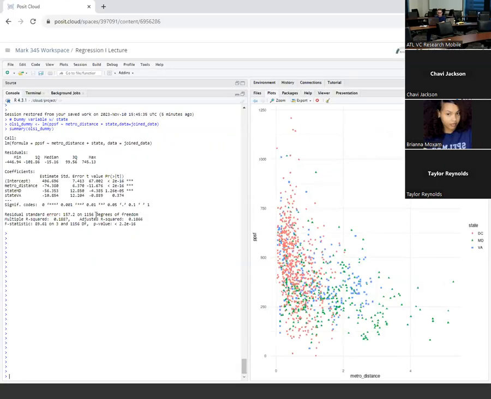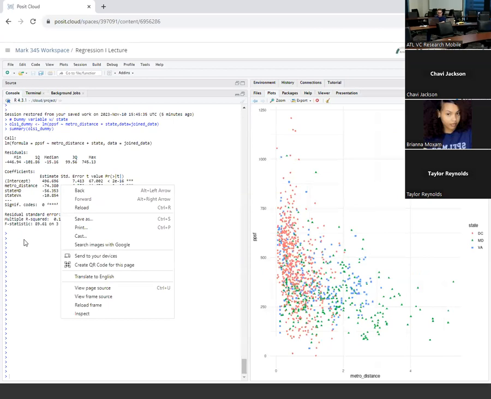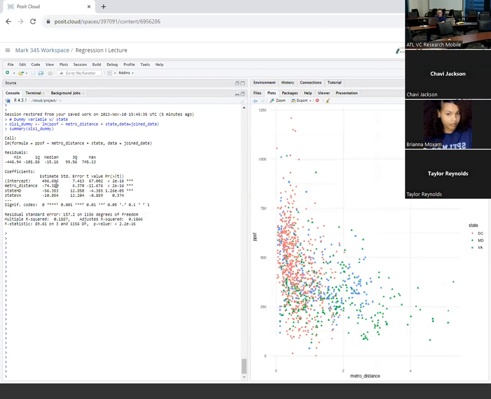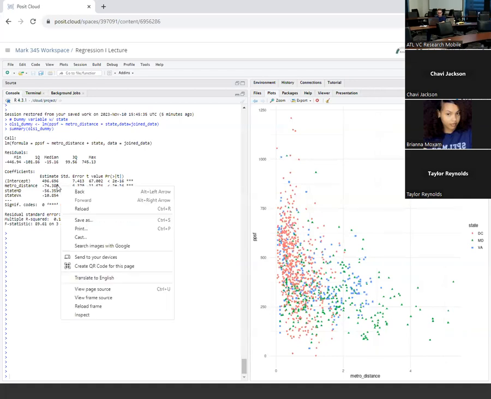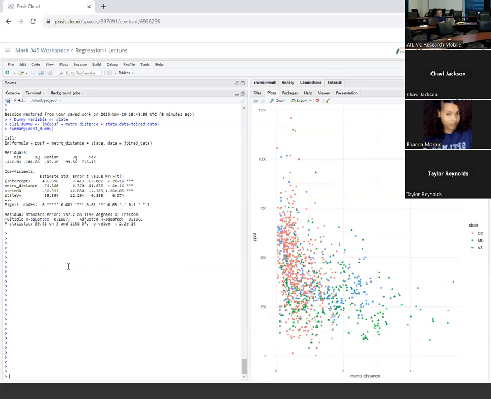Now, I think it was Brianna that asked me the question. For M1, this minus 74, can you reject or not reject that it's statistically significant, and given the answer to that, at what significance level?